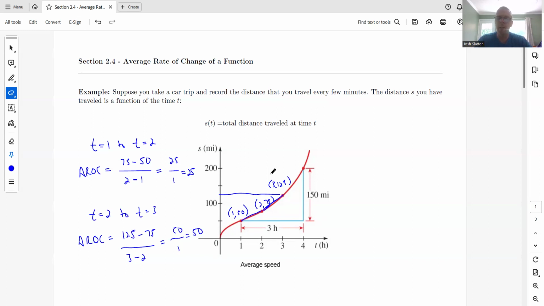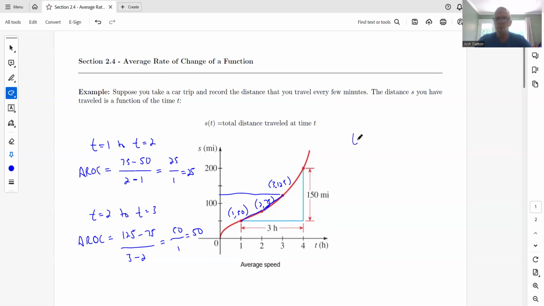You could also find, it doesn't have to be incrementally between each successive point, because obviously time is continuous, so we could pick even 1.5 if we could find the value of that function there. Or you could do 1 to 3, or you could do 1 to 4.